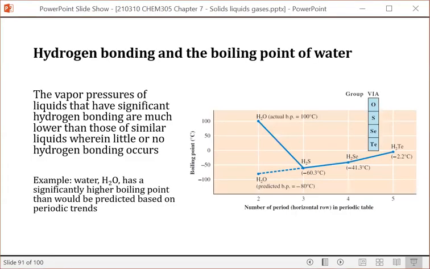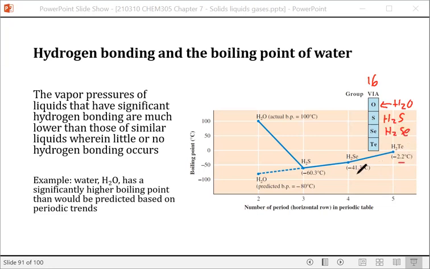So hydrogen bonding has a big influence on the boiling point of water, which I think is really great for the existence of human life, because based on periodic table trends, if we look at other elements in the same group of the periodic table as oxygen, so group 16, we look at oxygen with two hydrogens, water. We look at sulfur, H2S, we look at selenium, H2Se, and we look at beryllium, H2Te.